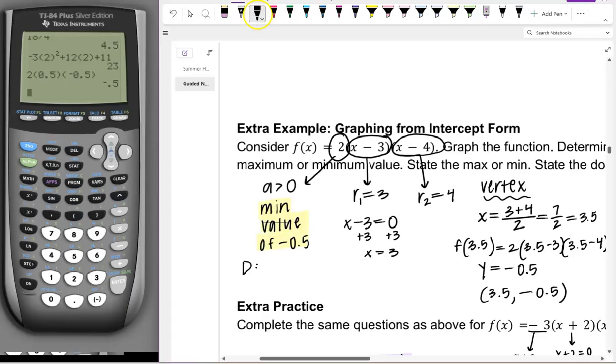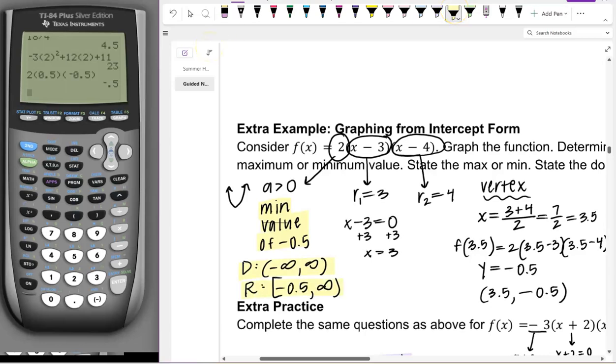Just like all the other quadratics, it has a domain of all real numbers. And the range, since this opens upward, starts at the minimum value, negative 0.5. It can't go below that. It can be anything above that up to infinity.